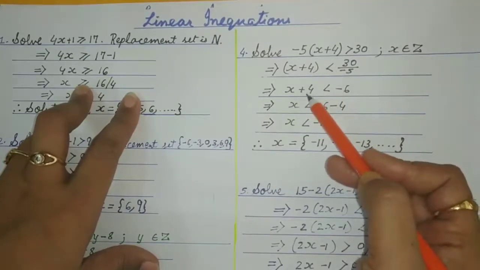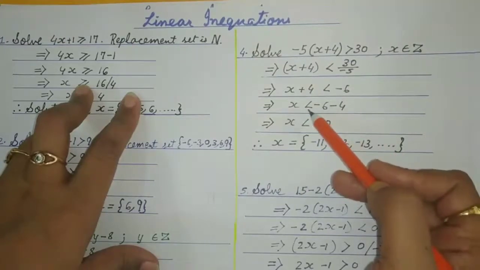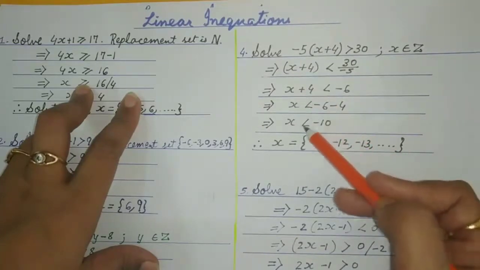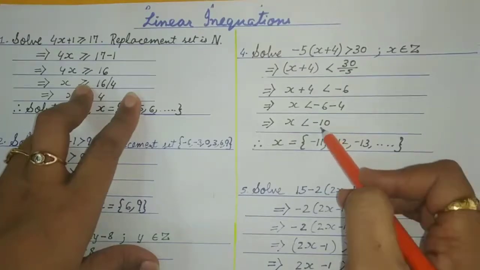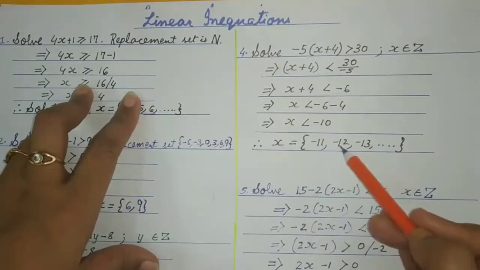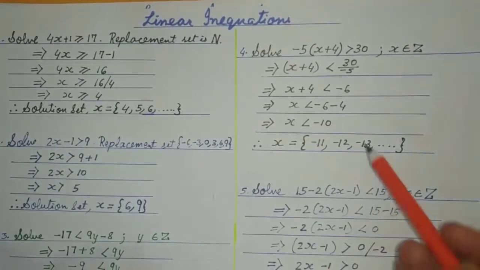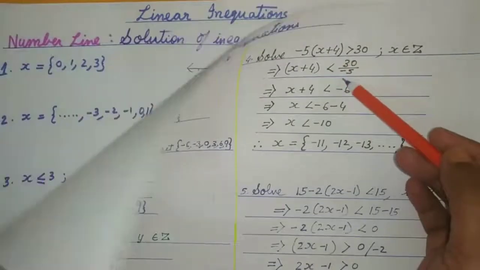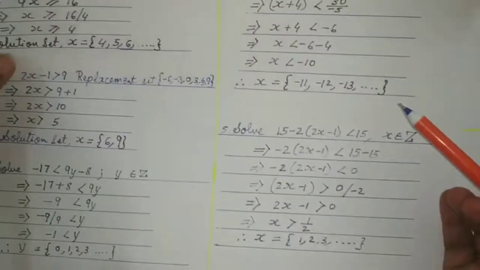So x plus 4 is less than minus 6. x is less than minus 10, because addition and subtraction do not change the sign. So x is less than minus 10, the replacement set is integers, so the solution set is minus 11, minus 12, minus 13, endlessly it will go. I think this question is showing you the third property that we discussed. Now we come to the fifth sum.